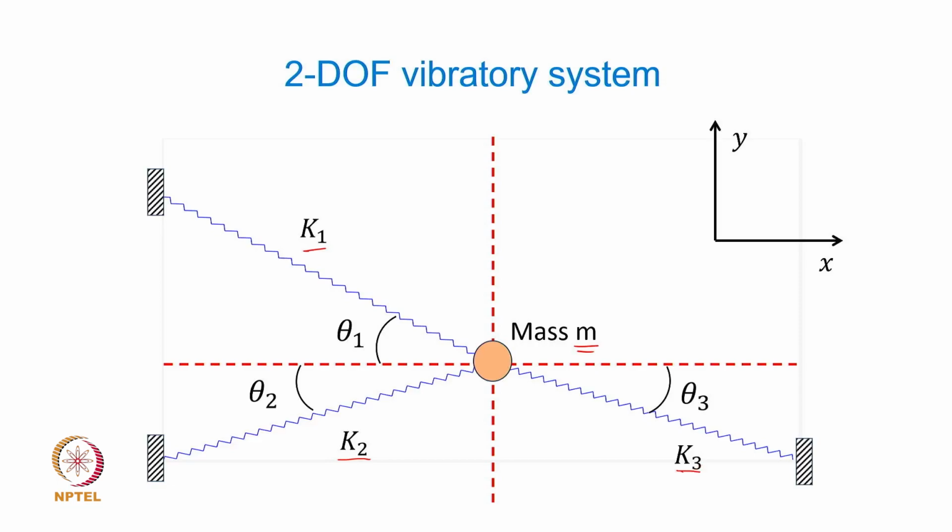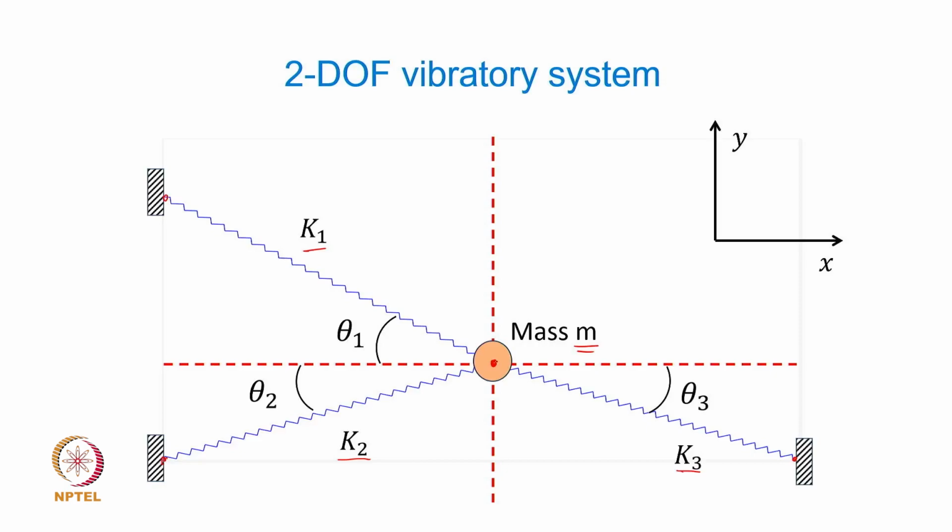Okay. So, it's a point mass which is held by 3 springs in space, and the positive directions of x and y axis are shown here. These springs are rigidly held at these two points, and if we perturb this mass and let it vibrate, it will vibrate in that vertical plane or a 2-dimensional space, and the motion of that mass is defined completely by the motion x and y.